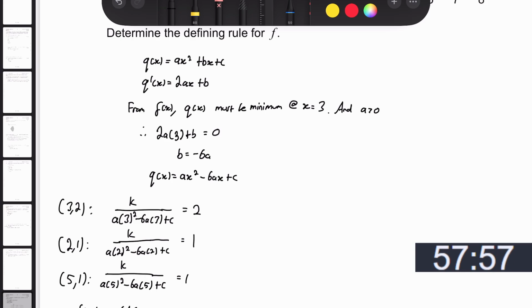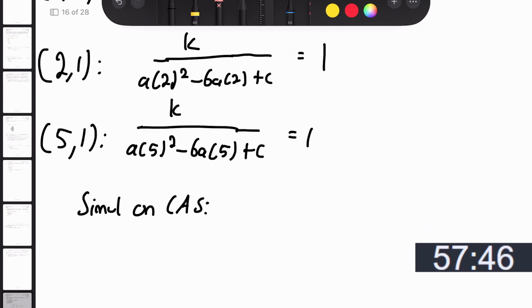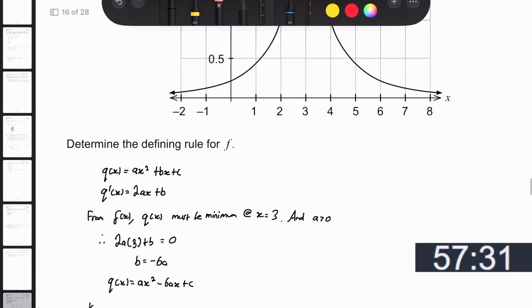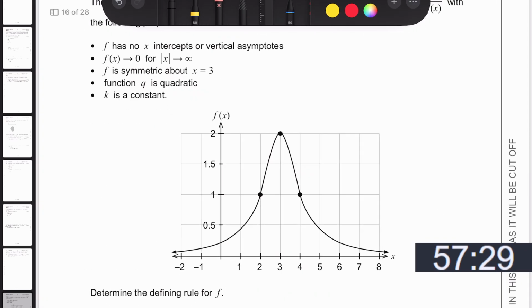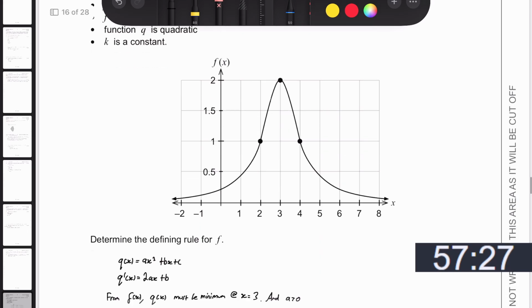And again, 5, and this equals 1. And then so I want x, y, and z. Oh, what? No solution. What? Okay. Function q is quadratic, it's symmetric about x equals 3.